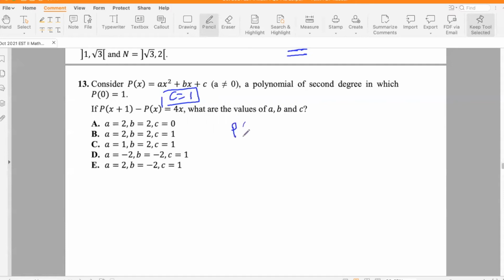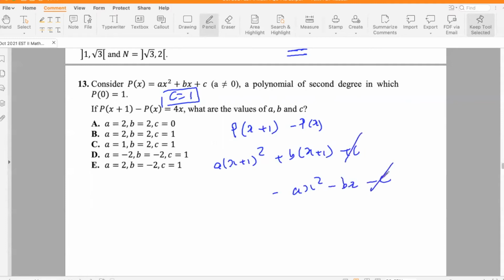Okay, so let's calculate p(x+1) minus p(x). So a(x+1) squared + b(x+1) + c minus ax squared minus bx minus c. So the c's cancel out. This is 4x, right?